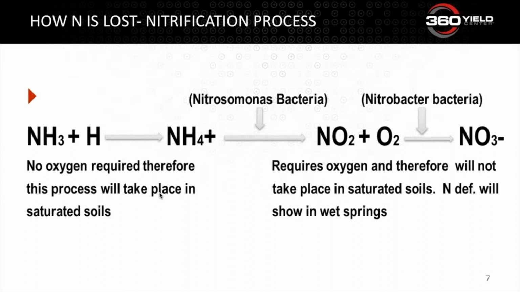So if we can slow this process down, all right, we can keep that nitrogen held in the soil and slow and control the conversion to nitrate, and thus reduce our exposure, right, of the nitrate molecule to either leaching or denitrification.